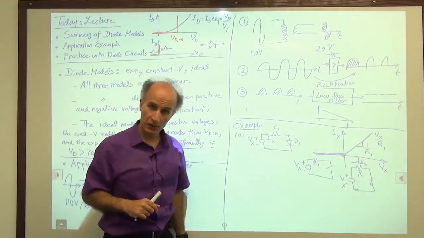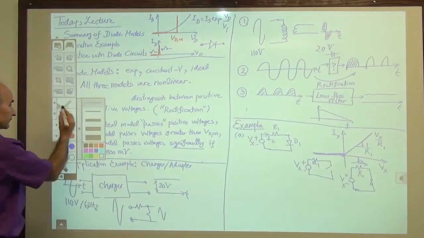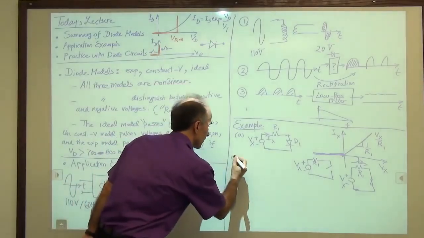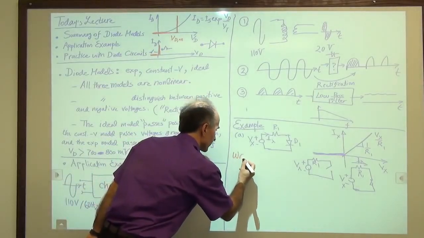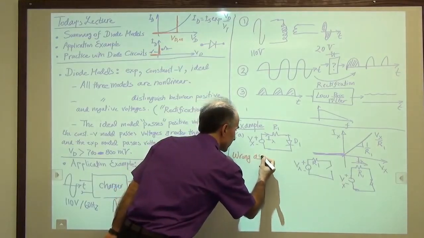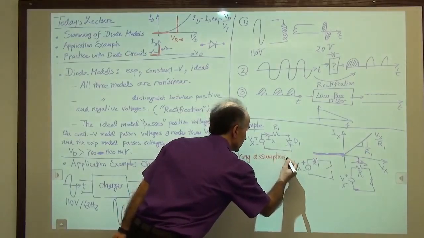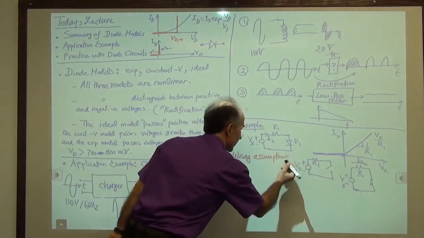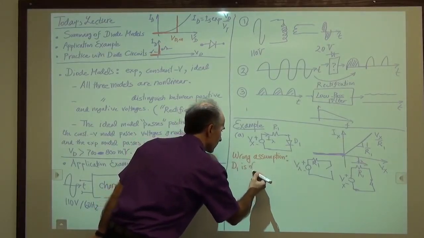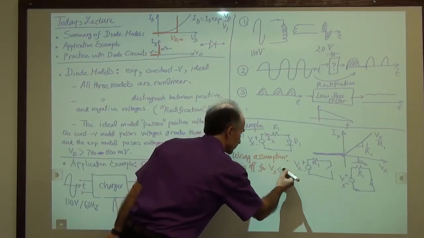So here, let me change the color of my pen and show you what happens if we make the wrong assumption. Okay, so let's start with the wrong assumption. Let's assume that I just didn't know what was going on, and I decided to say that D1 is off for Vx negative.